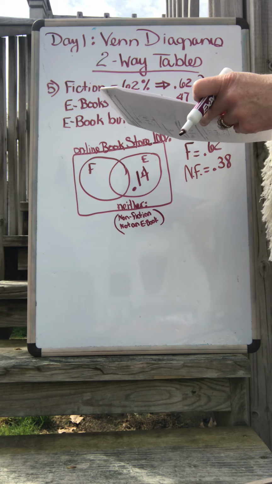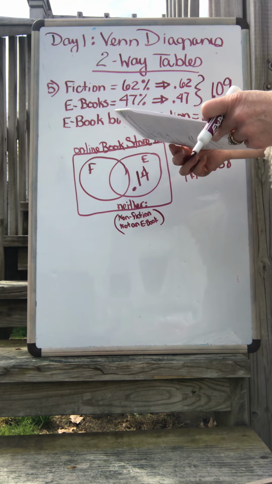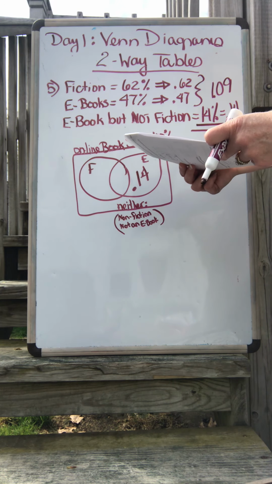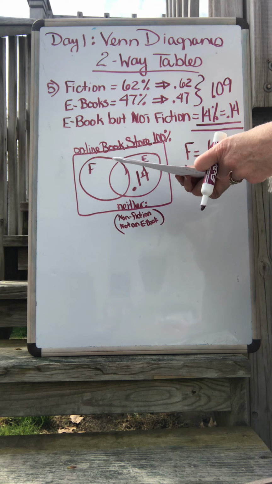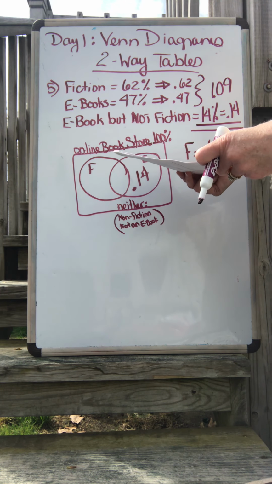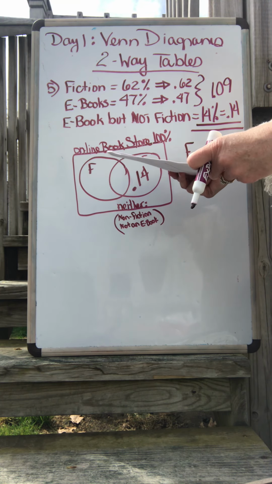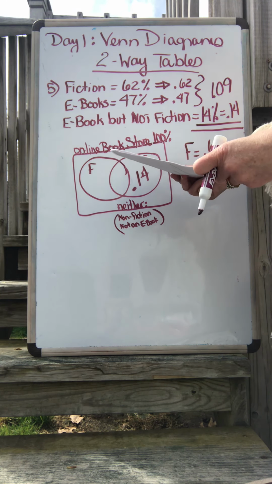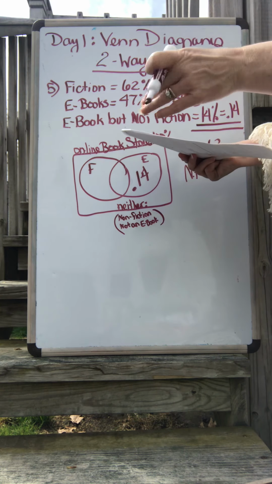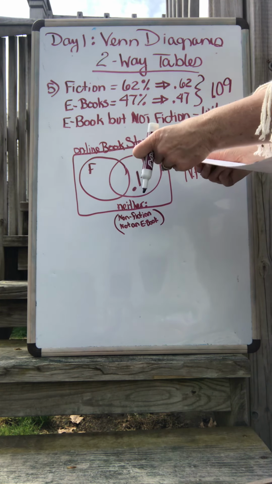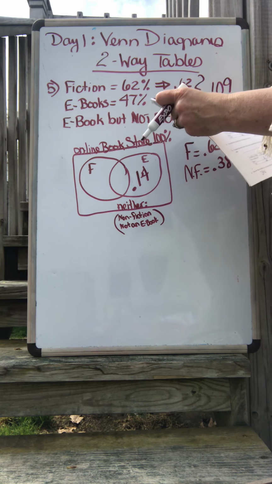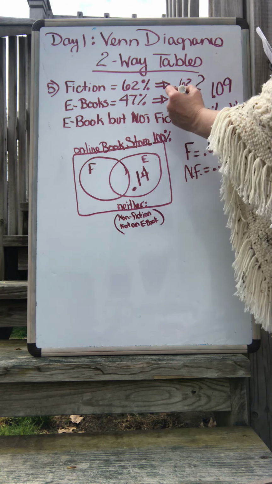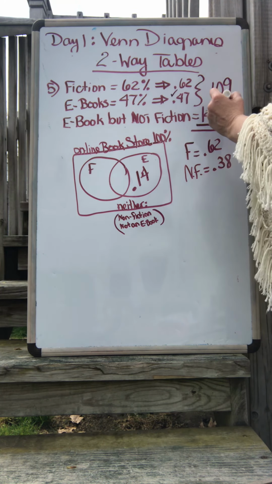If 62% of my books are a work of fiction and 47% are ebooks, but I used up 14% with ebooks only, now this is the key, the 47 and the 14.